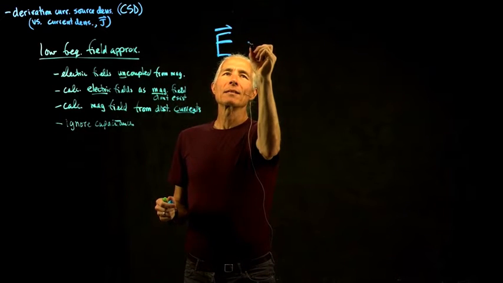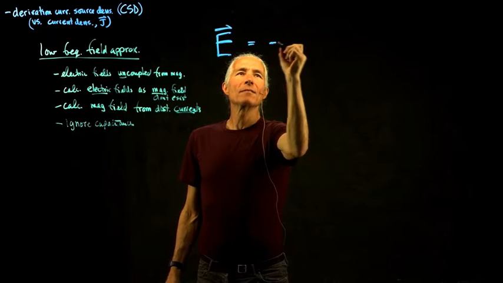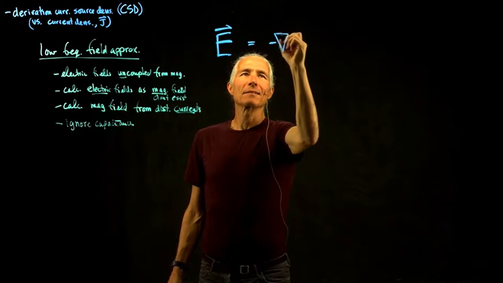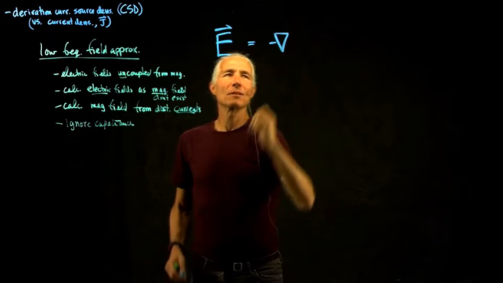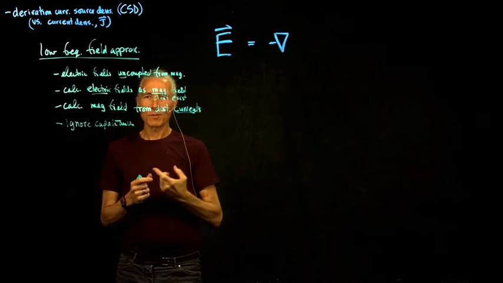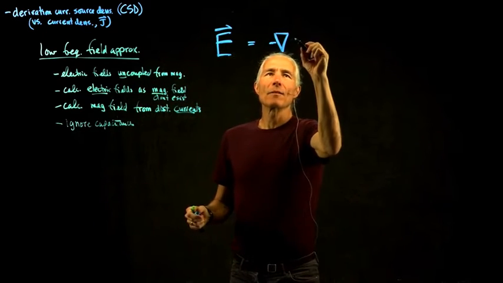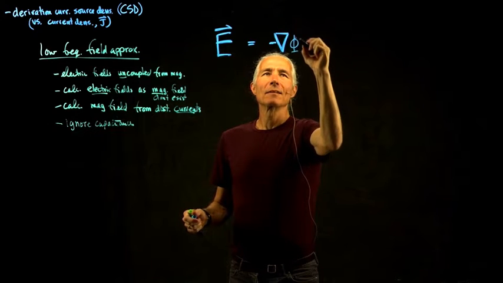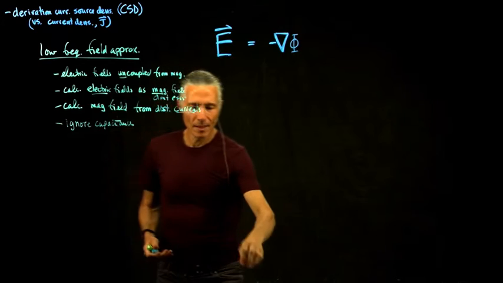So the way you calculate the electric field is you take the negative of the gradient. There's our gradient. Like I said, it's usually drawn in bold because when you take the gradient, you end up with a vector. And it's taking the gradient of this capital phi, which is the potential.